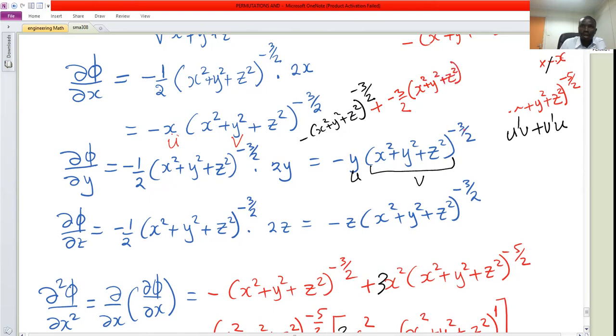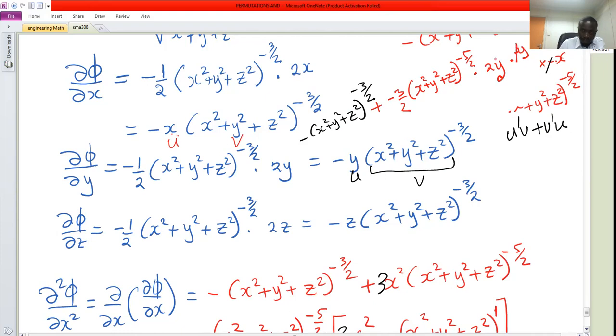And then you subtract 1 from this power, you get minus 5/2 times. Now inside this, you differentiate with respect to y. So you'll get 2y. And then you multiply by u, which is minus y.